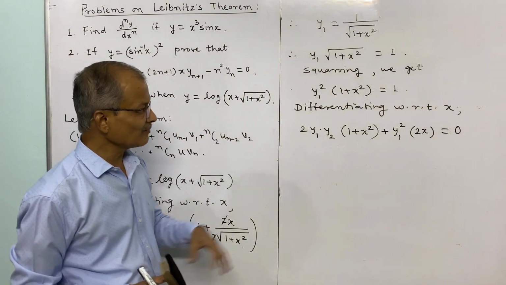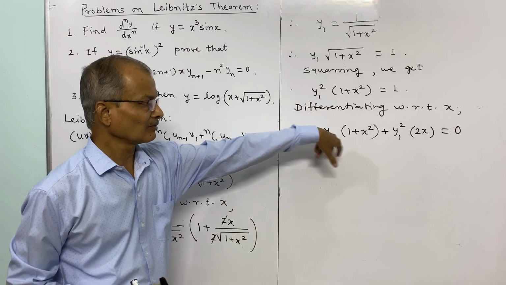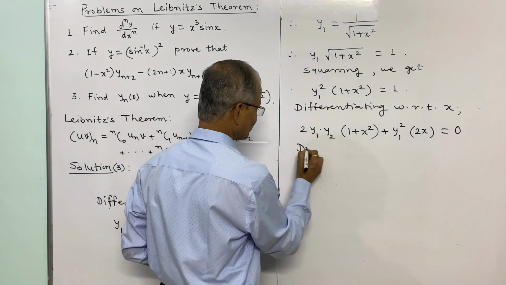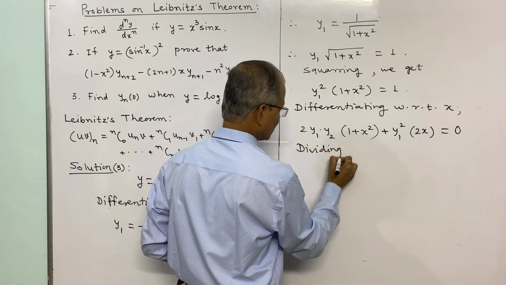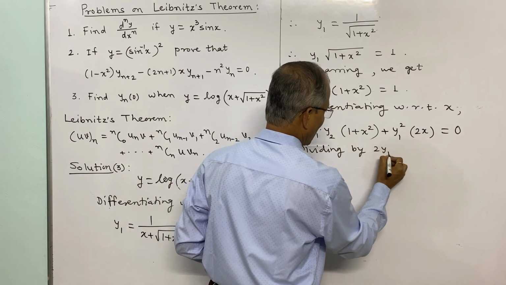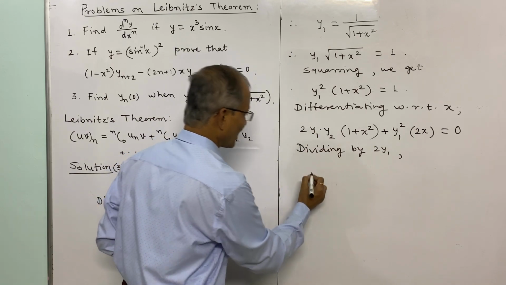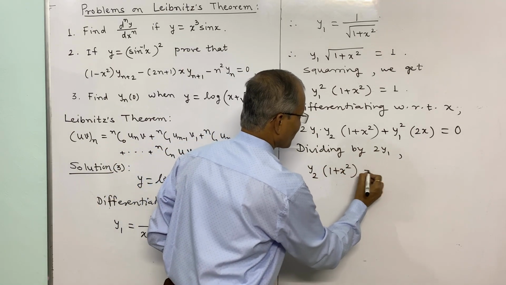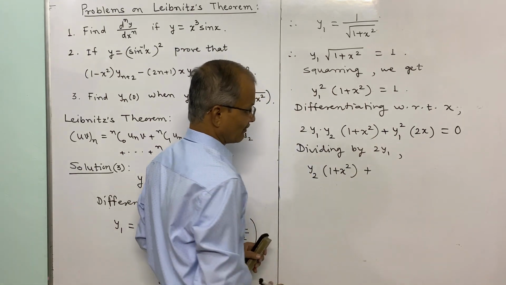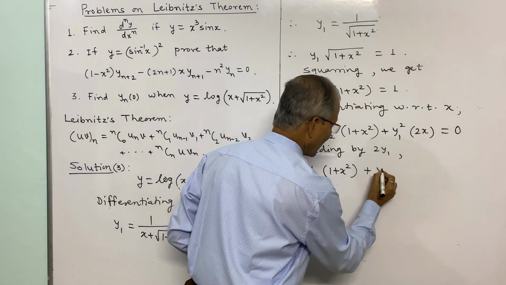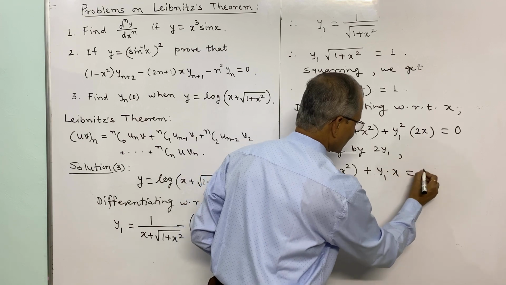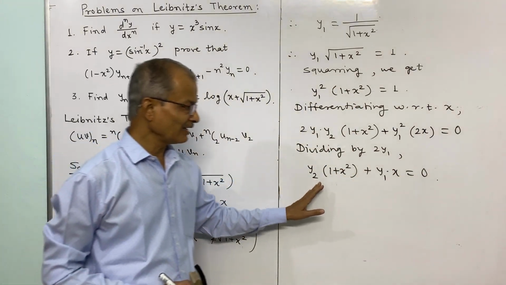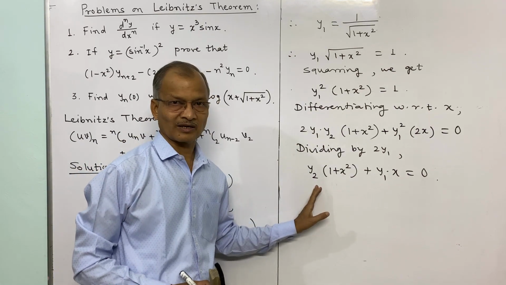Again we may see what is common is 2y1 throughout each term, and dividing by 2y1, what we get is y2 into 1 plus x square plus, as we are dividing by 2y1, y1 into x remains, is equal to 0.